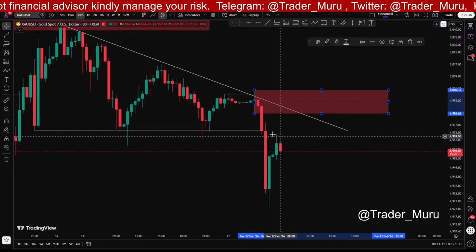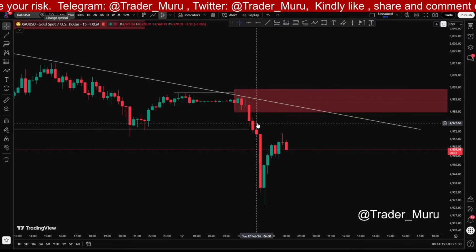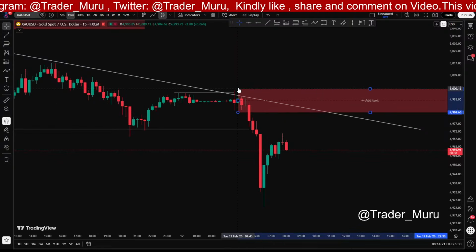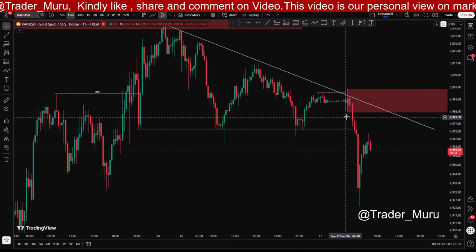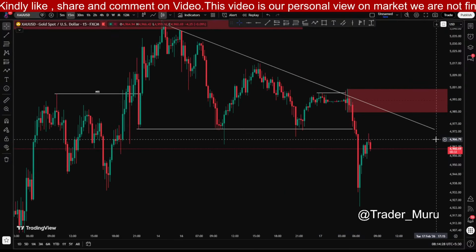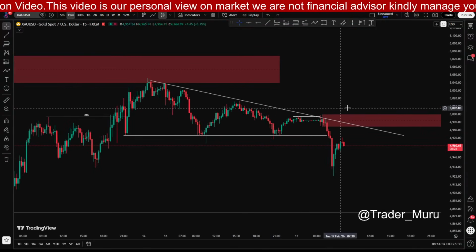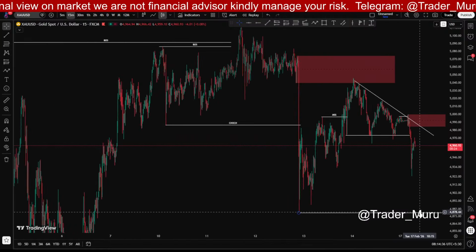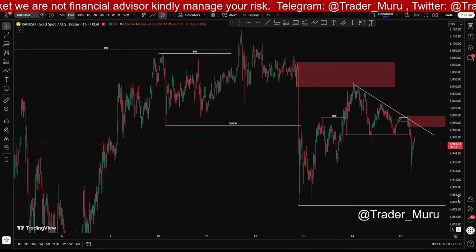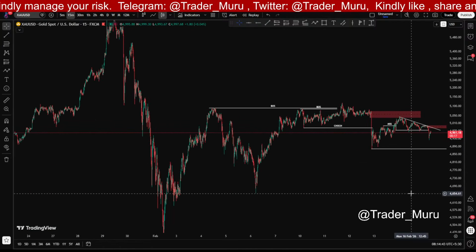This 150 pips area is a good short area, and we have a small supply here, but I will wait for this zone. And my view is still on the downside till 4878 and then 4654.